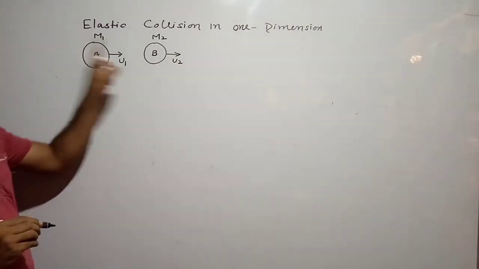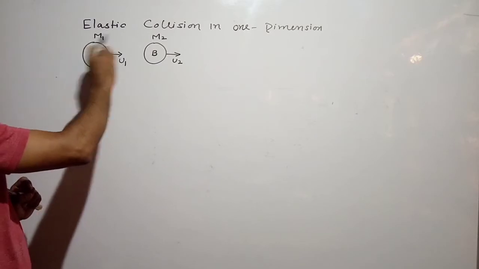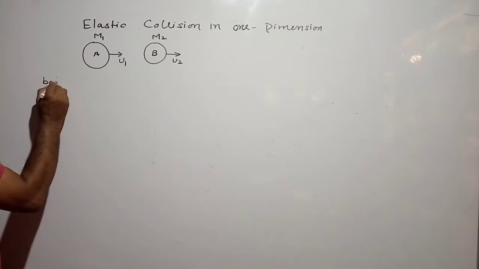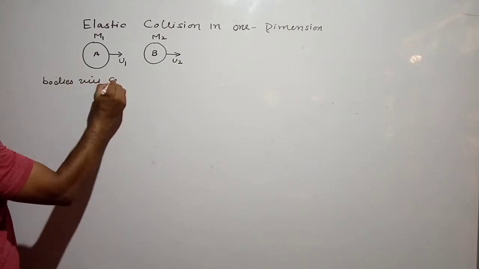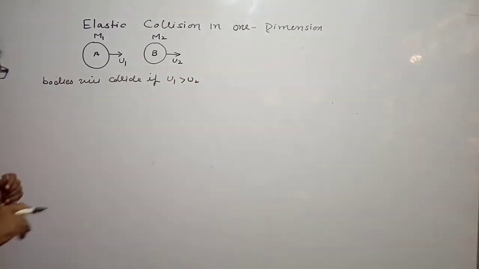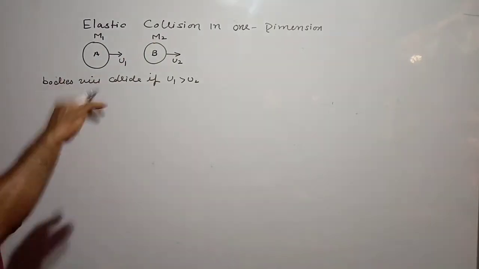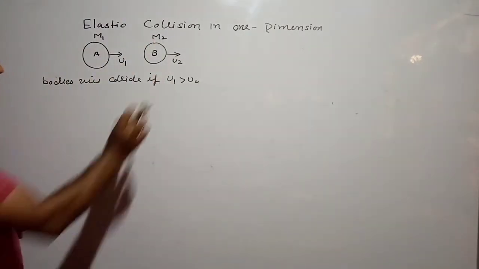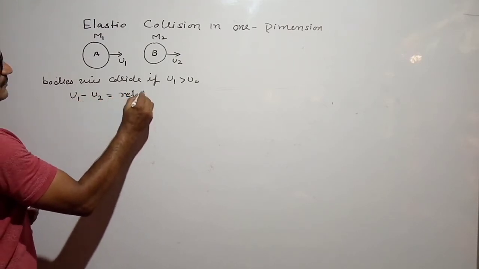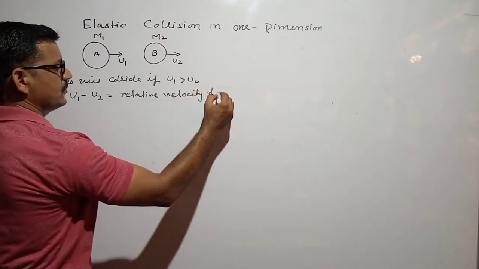Now, these bodies will collide only if the speed of body A is greater than the speed of body B. So bodies will collide if u1 is greater than u2, and the difference of these two velocities, that is u1 minus u2, is called the relative velocity of approach.